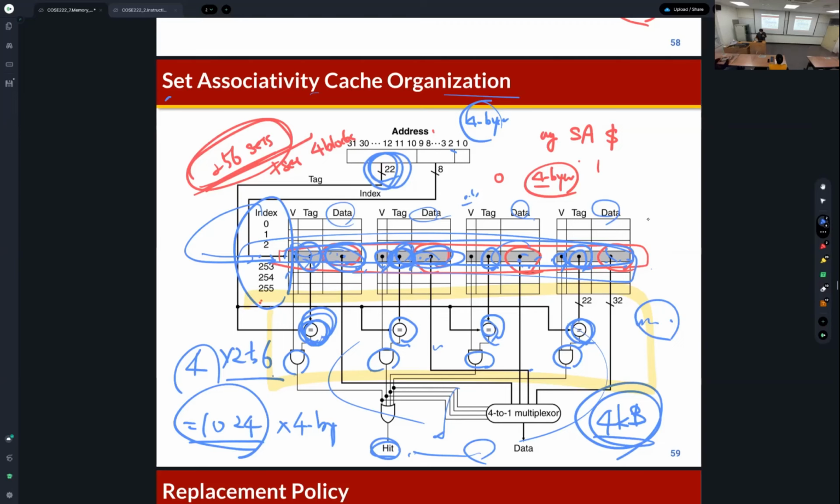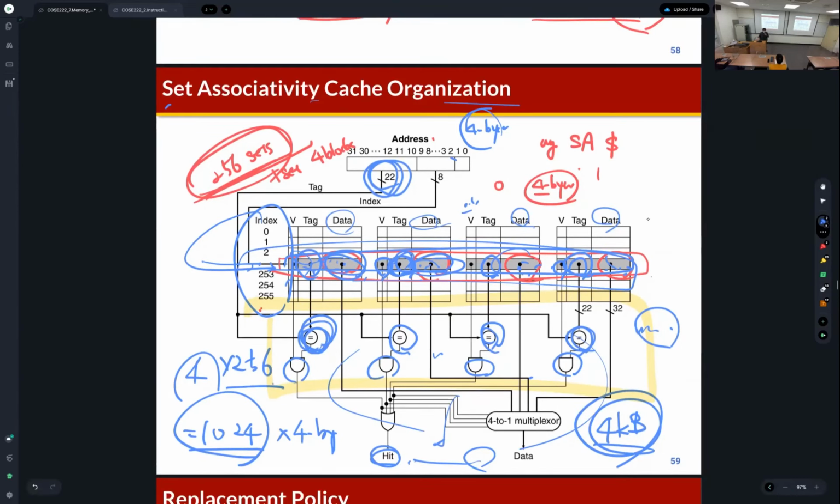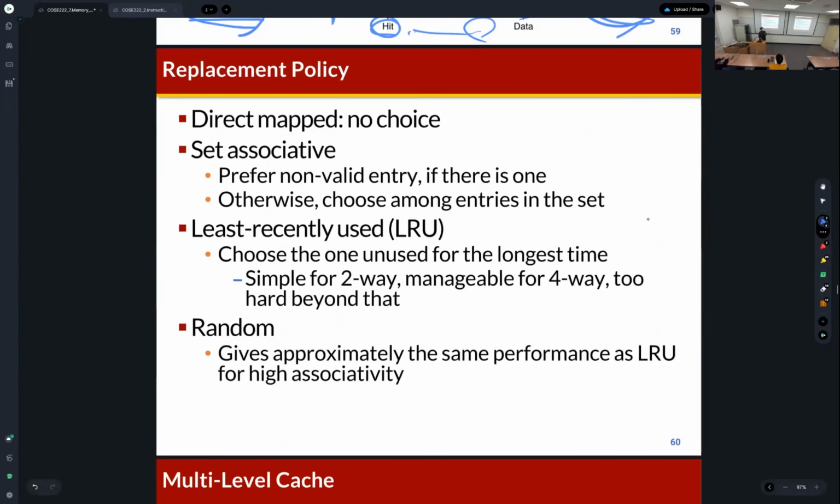So you can compare the other organization, the direct mapped cache in the previous slide, and then also the set associative cache of this slide. Okay, then actually when we use the set associative cache or fully associative cache, we need to consider the replacement policy.